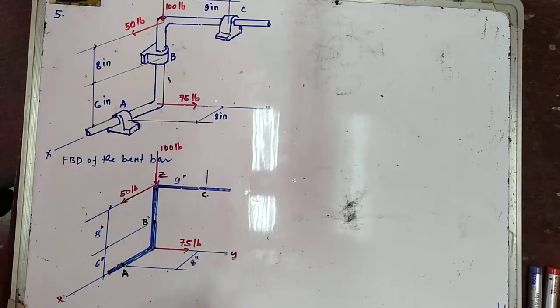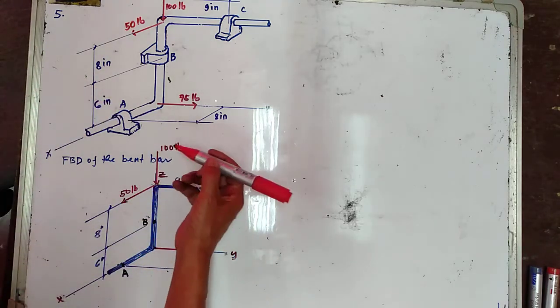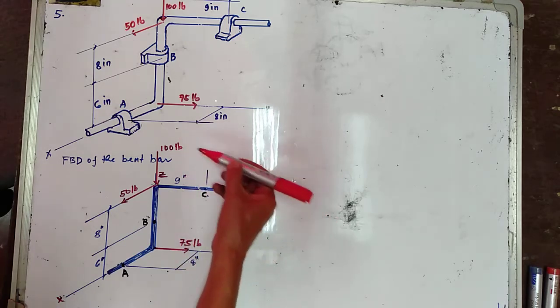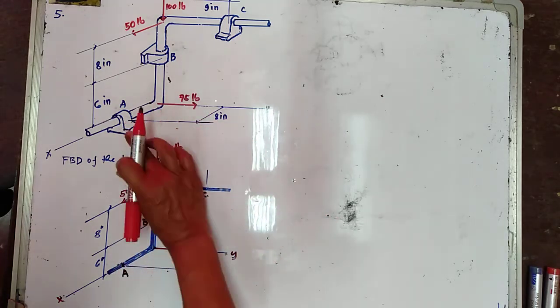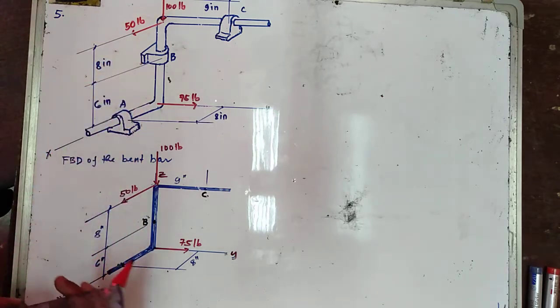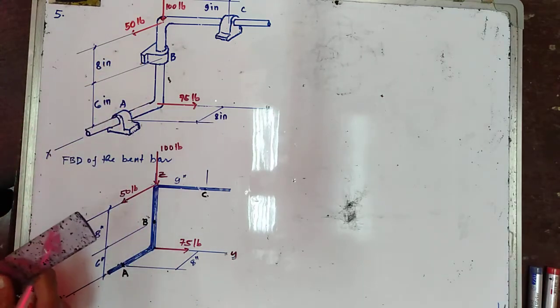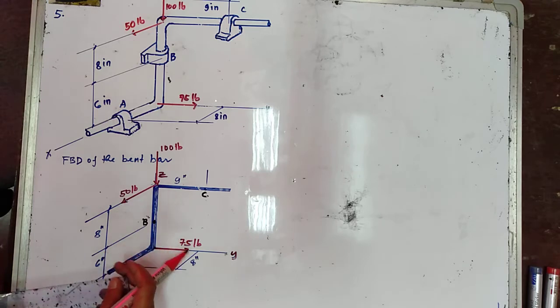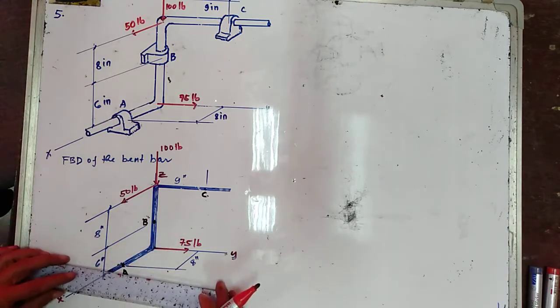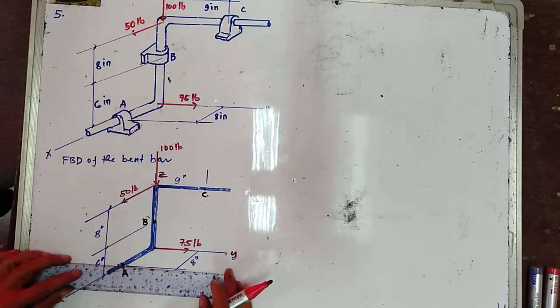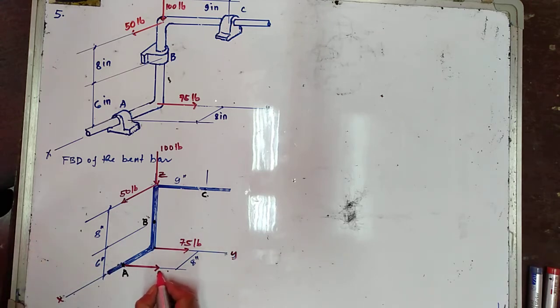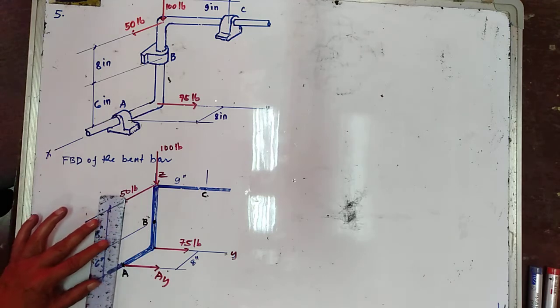Now, we now have the reaction at point A. So, the reaction at point A is in the direction of the y and in the direction of the z. No reaction in the direction of the x-axis. So, this is now your point A. So, this is now your AY, and then we now have your AZ.